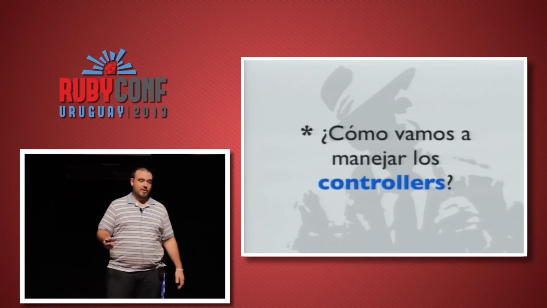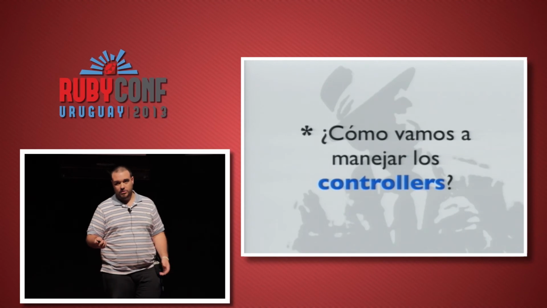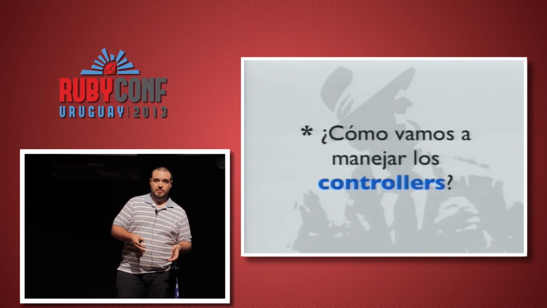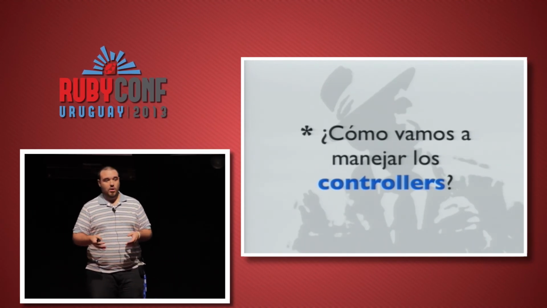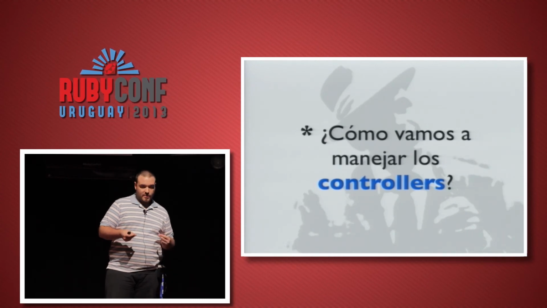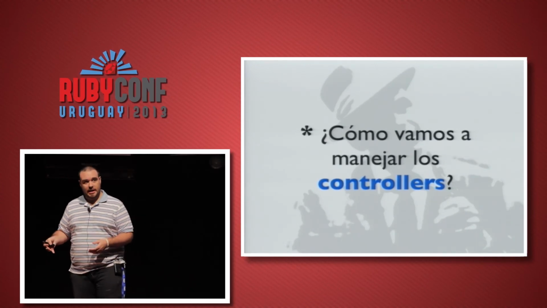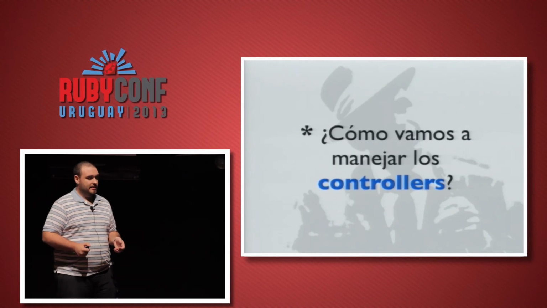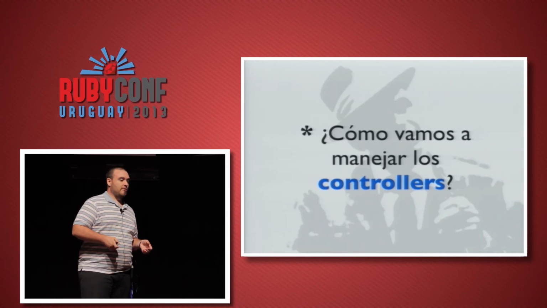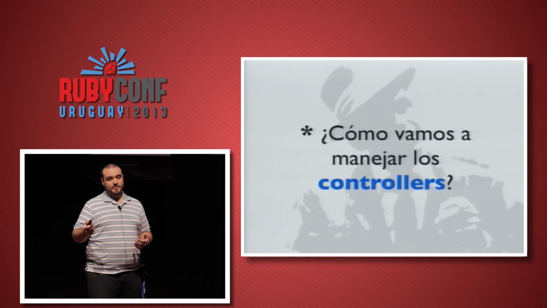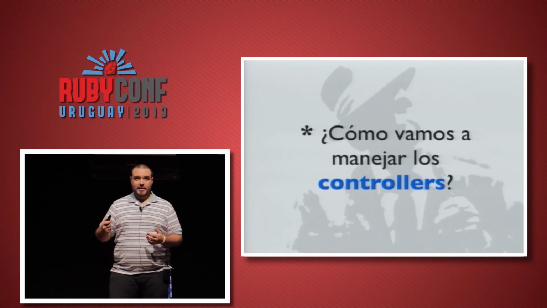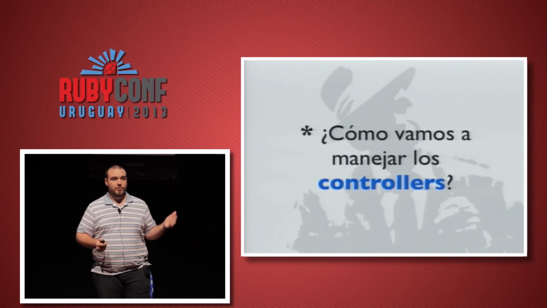Now, how will we manage controllers? I told you that we have different ways of managing controllers: with Rack::URLMap, which is a Rack middleware, or Rack mount, or class inheritance. And I like this last one because all the controllers will have the same configuration.